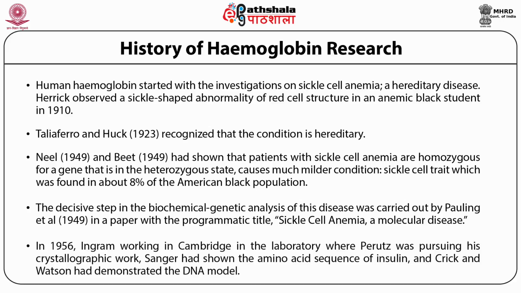In 1956, Ingram was working in Cambridge in the laboratory where Perutz was pursuing his crystallographic work; Sanger had shown the amino acid sequence of insulin, and Crick and Watson had demonstrated the DNA model. The fingerprinting method of protein analysis had revealed that sickle cell hemoglobin was identical with the normal molecules in all peptides except one differing peptide where glutamic acid was replaced by valine.